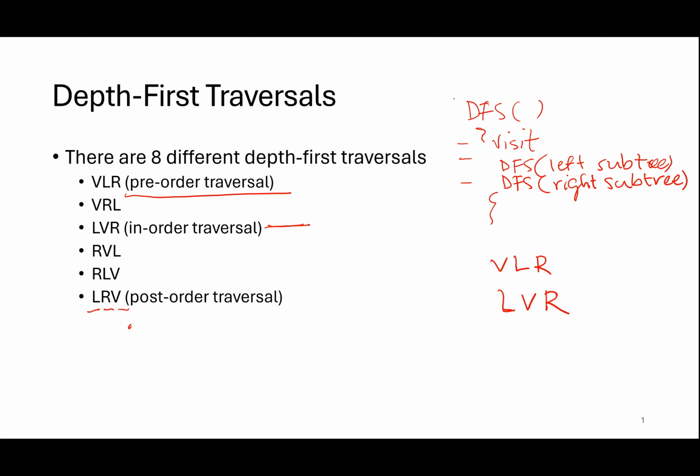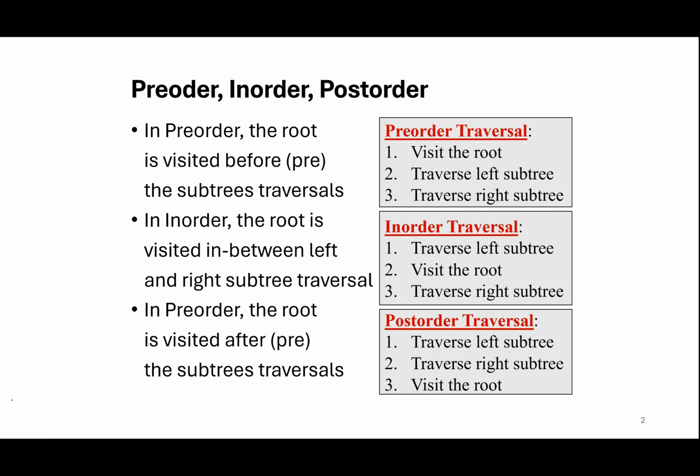To summarize again, in the recursive DFS algorithm that we learned, we visited the node first, and then traversed the left subtree and then the right subtree. So that was the pre-order traversal. Now let's see how the in-order and post-order traversals work, with an example, which I think will be easier.